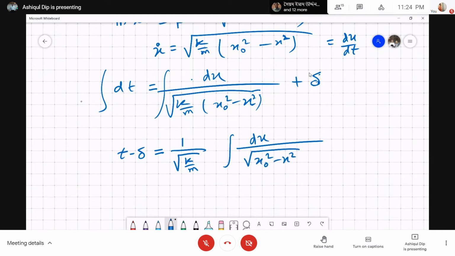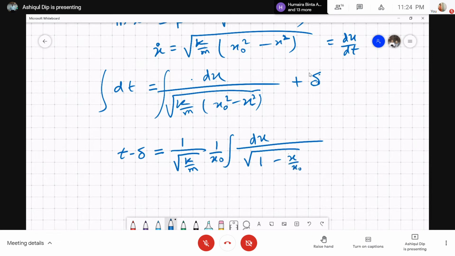Now divide the whole thing by x naught. So take x naught out of the integration, right? That's the procedure. So it gives you 1 over x naught, and then you have 1 minus x by x naught whole squared.